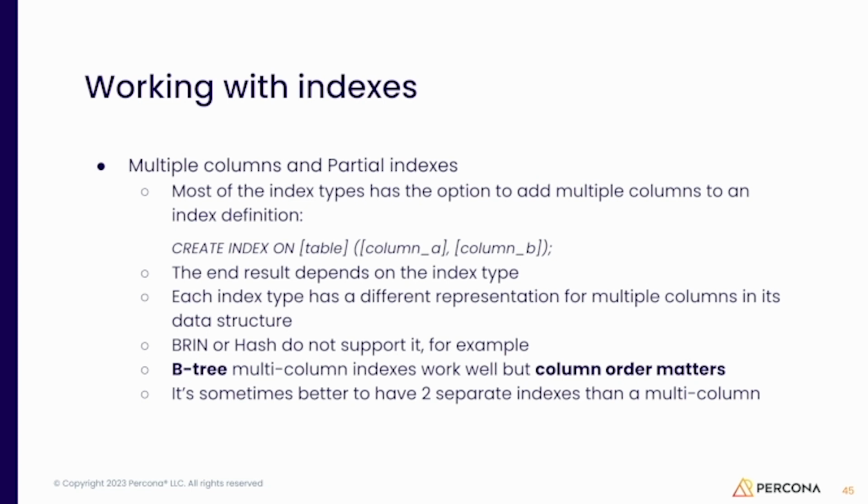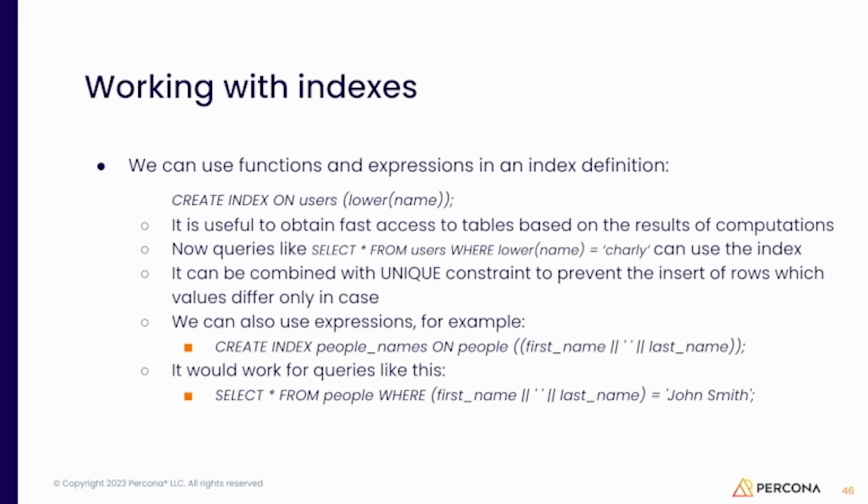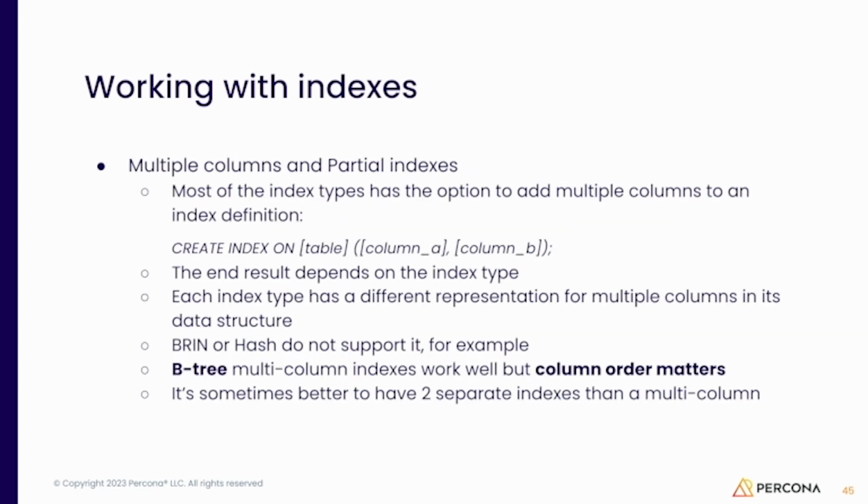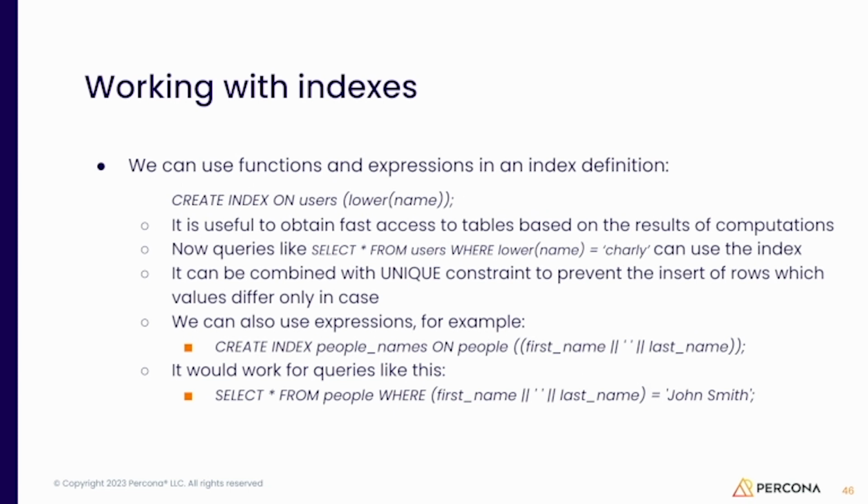Not all these indexes support those features. For example, BRIN and hash do not support partial indexes. And B-tree does multi-column indexes and also works pretty well with those things. So if we're going to do a multi-column index, it's definitely going to be a B-tree.